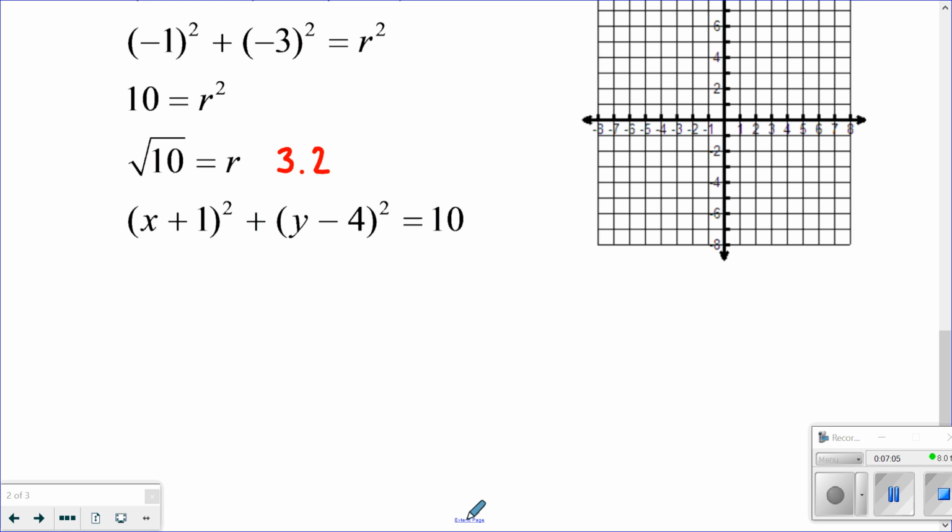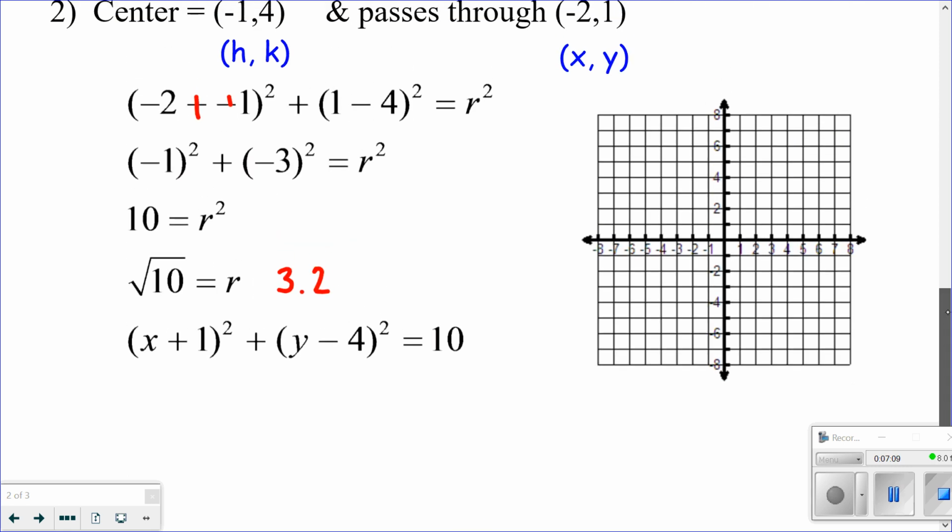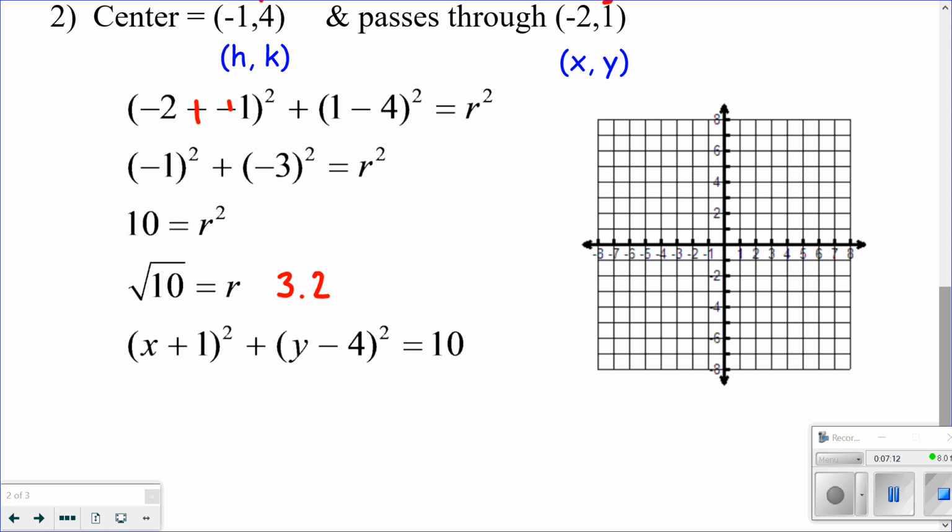Right there's our equation. So again, h was -1, k was 4, and r squared was 10. So that's how we came up with our equation. And then we're going to plot -1, 4. That's the center of our circle. And we're going to go 3.2 in every direction.